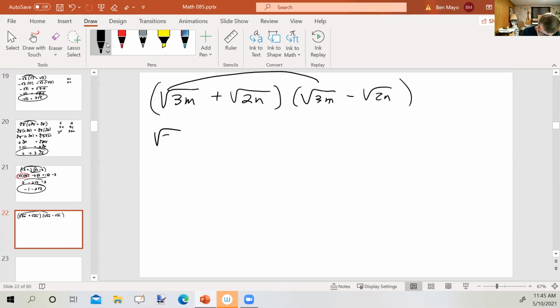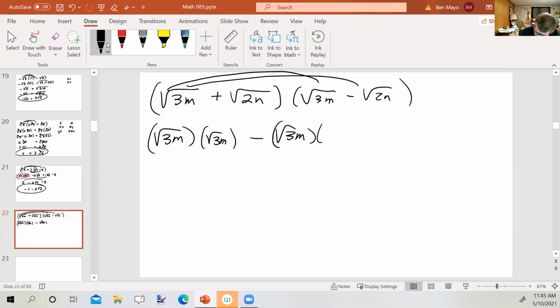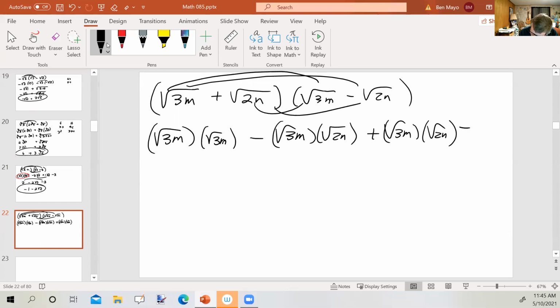So we've got the square root of 3m times the square root of 3m minus the square root of 3m times the square root of 2n plus the square root of 3m times the square root of 2n, and then minus the square root of 2n times the square root of 2n.